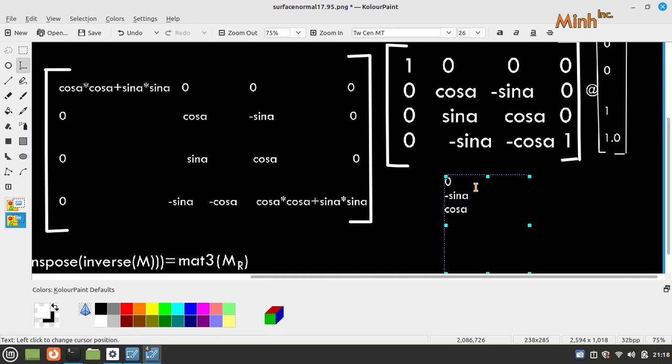Next, if I multiply, then it would become minus cos A plus 1. So this is what we are getting: 0 and minus sin A, then minus cos A, cos A, then minus cos A plus 1. So this is what we are getting after doing the multiplication.